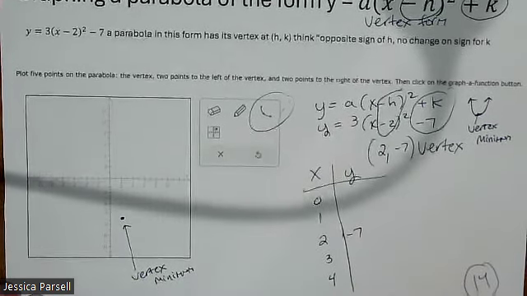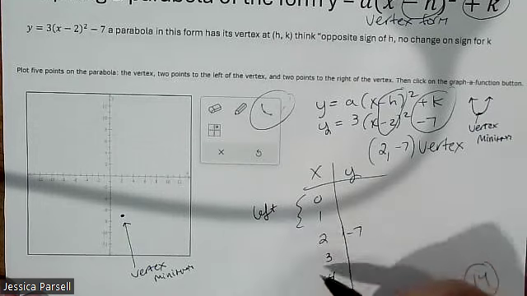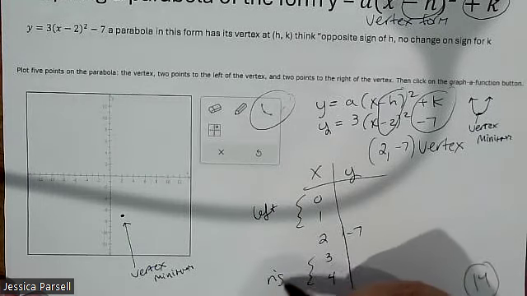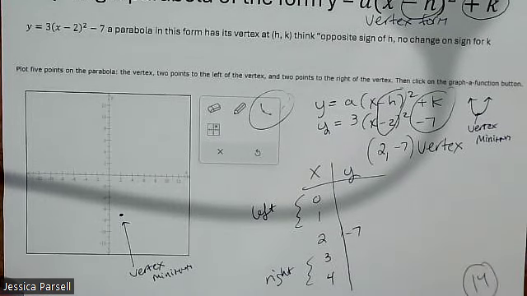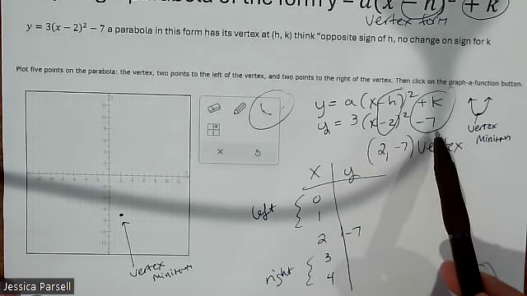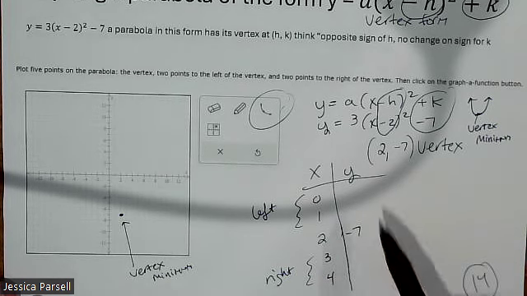Okay, so these are going to be to the left, and these points are going to be to the right. All right, so now it's a matter of order of operations. We're going to start plugging in these x values. Let's start with the positive ones here, the 3 and the 4. We're going to put them into these equations. So we're going to actually solve that equation 4 times to be able to figure out what y is.